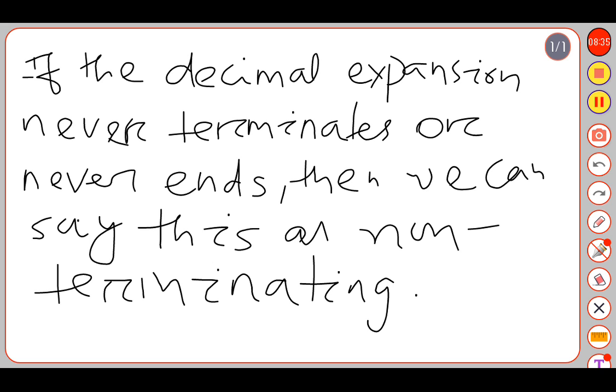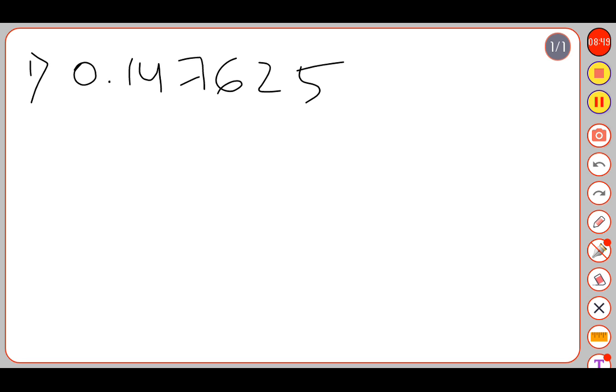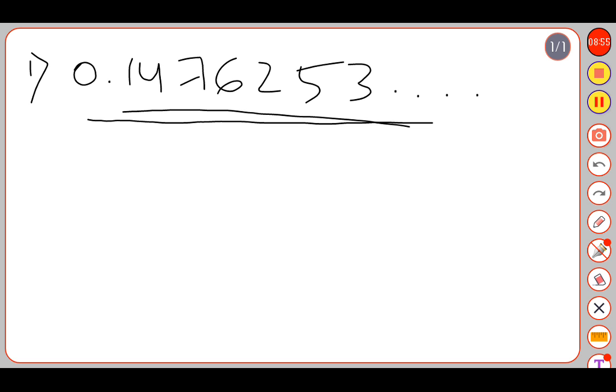Again, there are two types of non-terminating decimal expansion. So in the first, it will be like 0.1476253 dot dot dot. Here the numbers are not repeating. Every time a different number is coming out. There is no repeating, or there is no pattern of numbers coming from the decimal expansion.